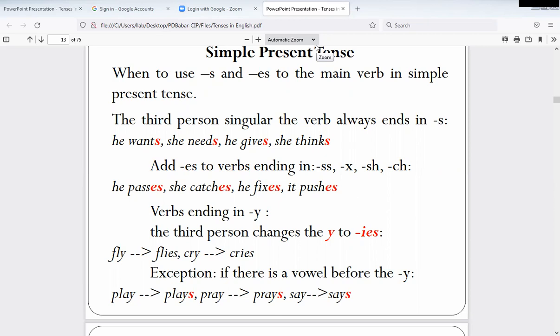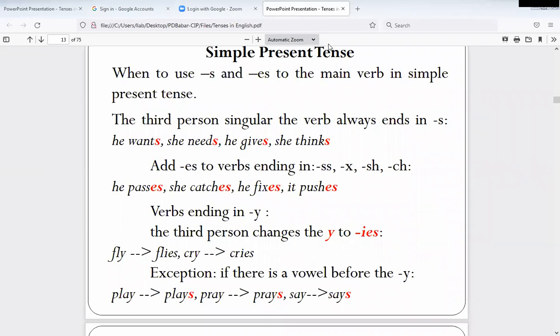So there are some exceptions also. What are the exceptions to this condition? The exception is if there is a vowel before y, then what will be the structure of that verb? When a vowel comes before the y in the verb, we will only add s as a suffix to that verb.